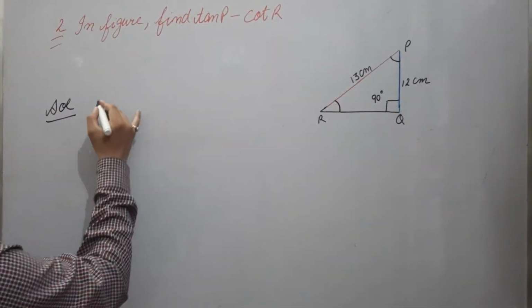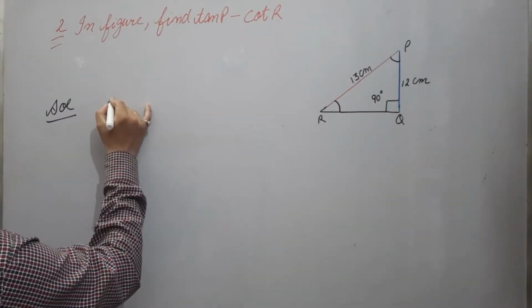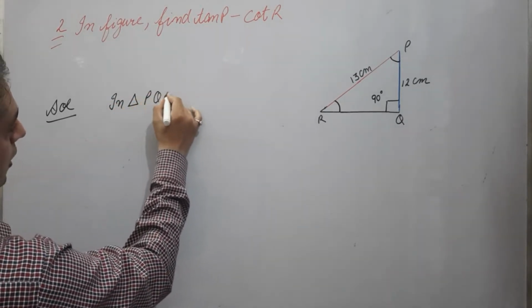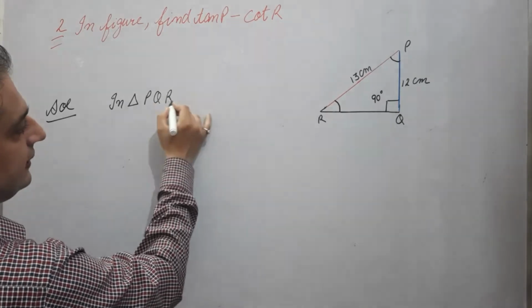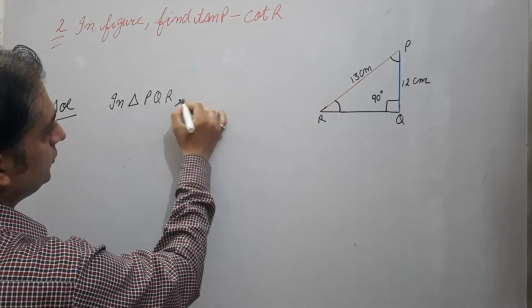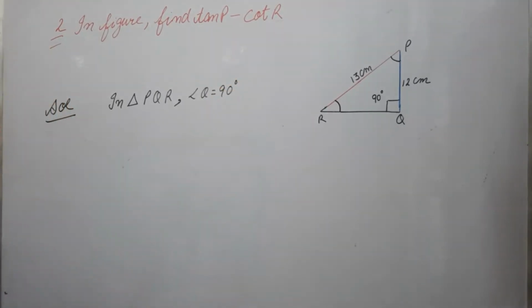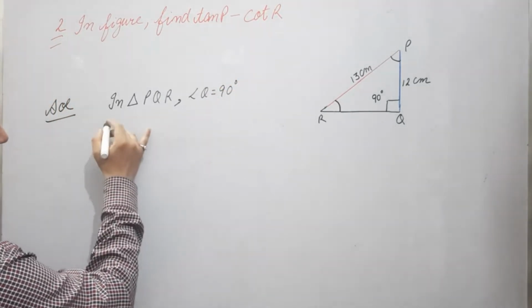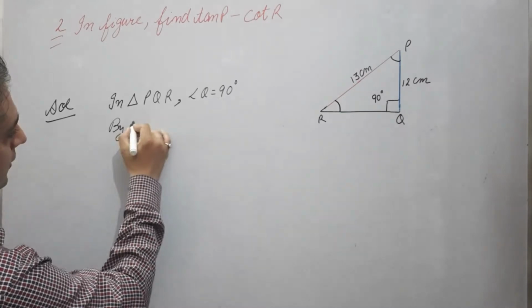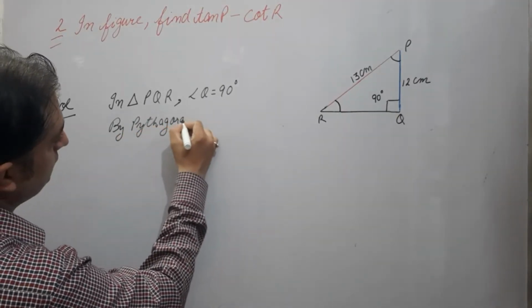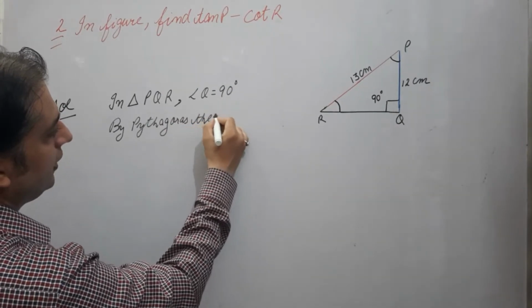So the solution is, again, in triangle PQR, which is right angled at Q. So angle Q is equal to 90 degrees, right? Now in this triangle apply the Pythagoras theorem, because we have to find the third side.